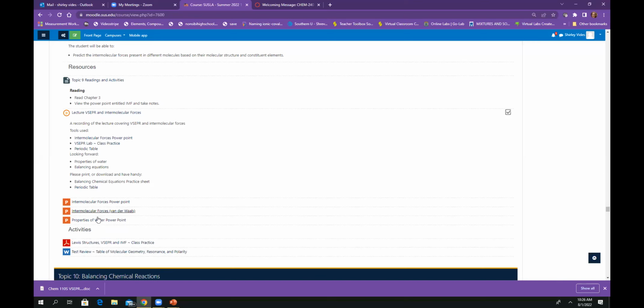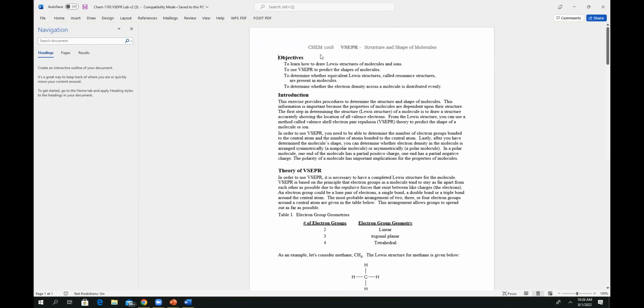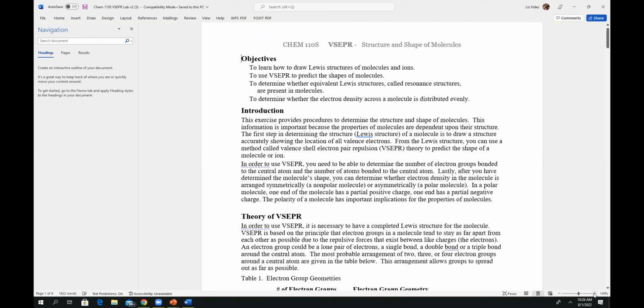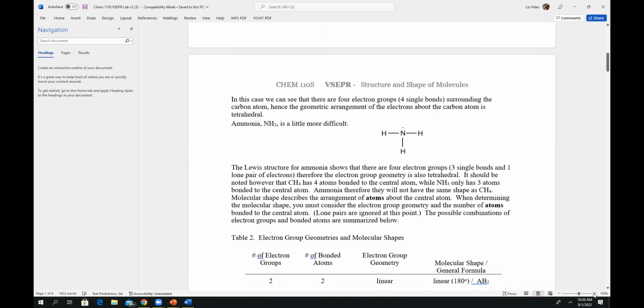Okay, so I was going to look for this one, the VSEPR lab. For this one, we have some things to fill in. And it explains the whole thing again. This is what we were going to do in class together as a group, with three or four of you. And it even has a table.